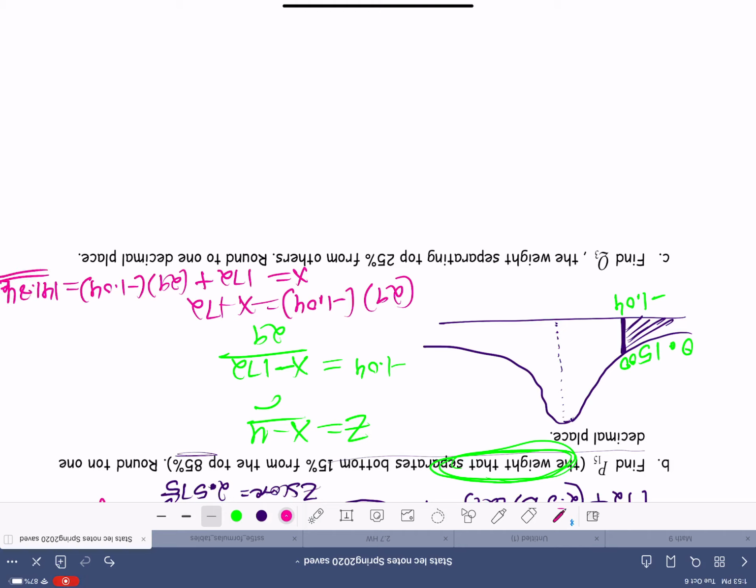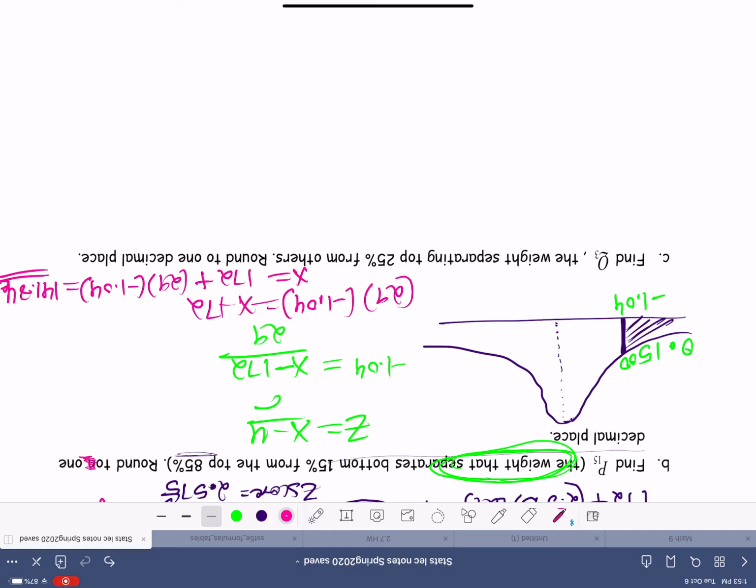So 141.8 pounds is my weight that separates the bottom 15% from the top 85%.